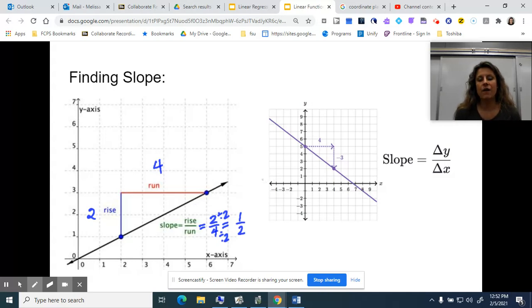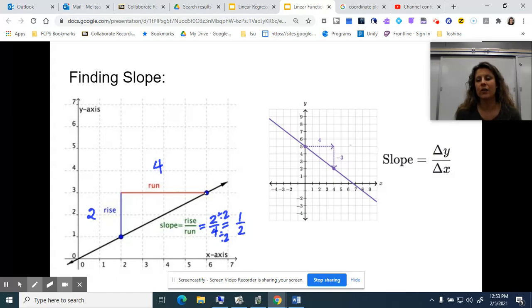Another way that we can find slope that actually means the same as rise over run is change in y over change in x. So the change in y, that is the same as saying the rise. How much do the y values change? Okay, it started at 1. It increased to 3. That was a change of 2, or a rise of 2.